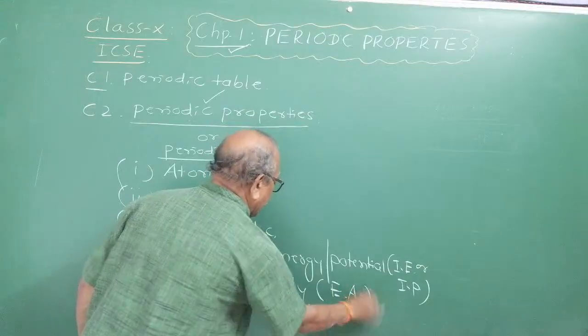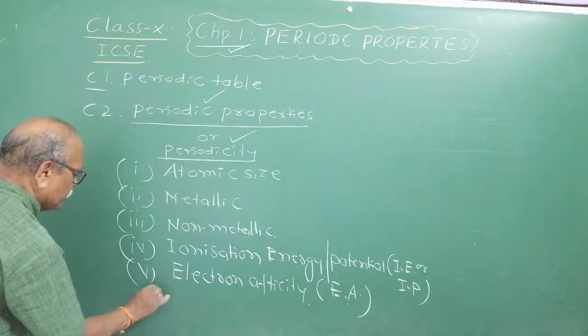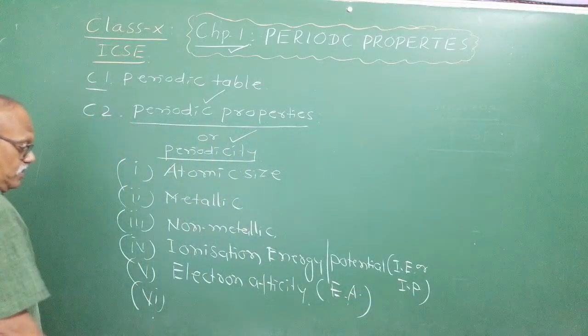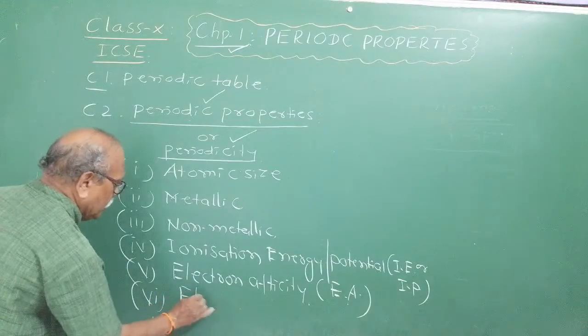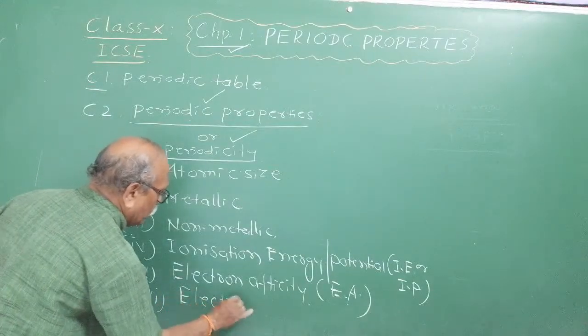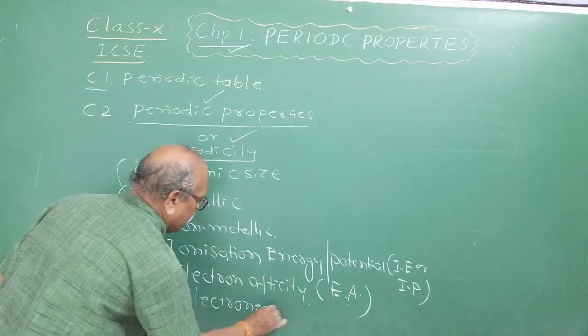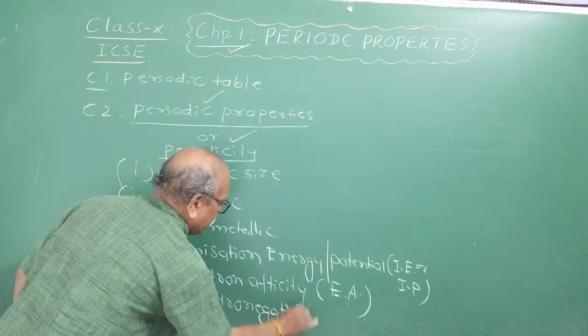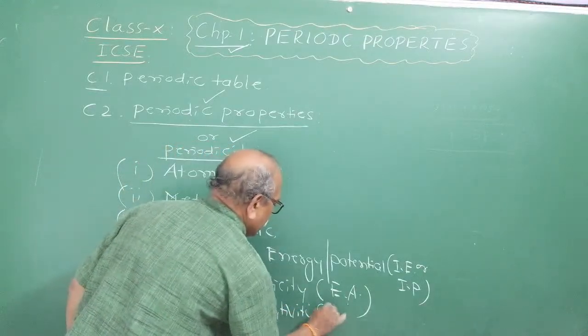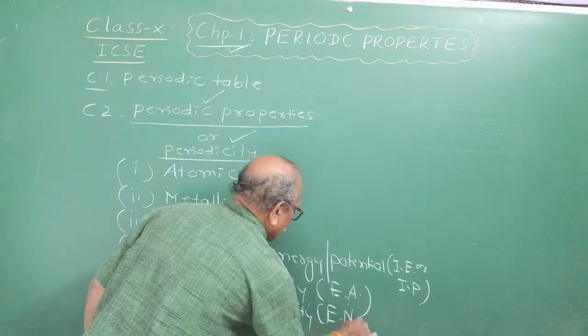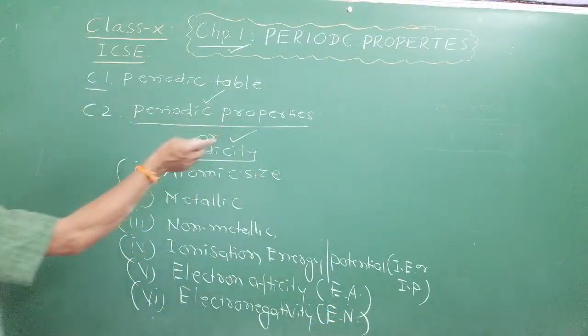The sixth property is electronegativity, E.N. These properties change their values along the period and down the group.